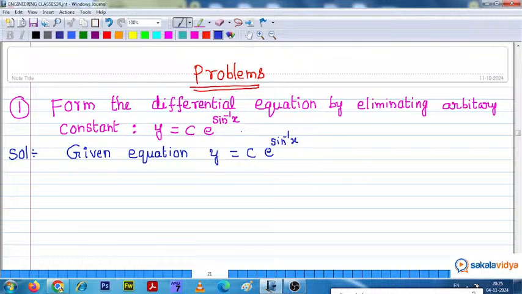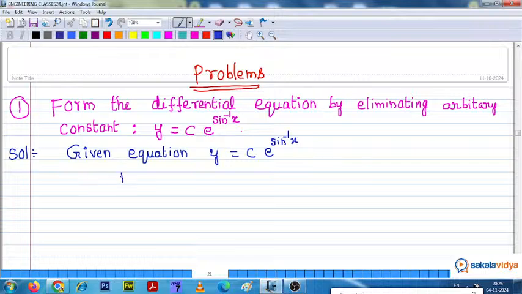Now, how many arbitrary constants are present in the given equation? Yes, you are correct. There is only one arbitrary constant. So how many times do we need to differentiate? Yes, exactly correct. It has to be differentiated one time only.